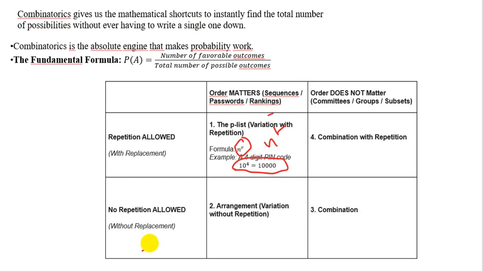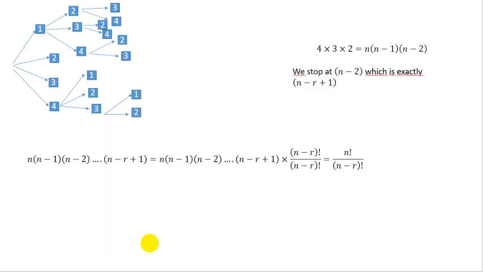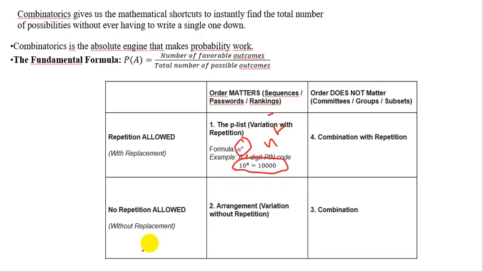Now let's move to the second situation, when the order matters but the repetition is not allowed. Let's take our example. It is the same thing as we did with the p-list, but since we cannot repeat, no repetition is allowed.